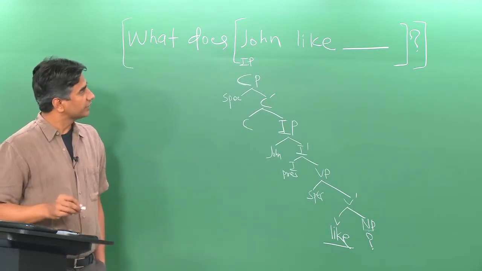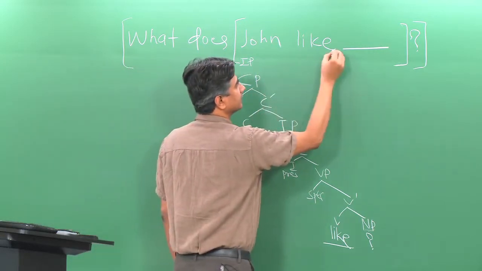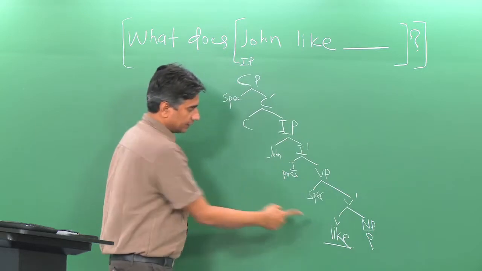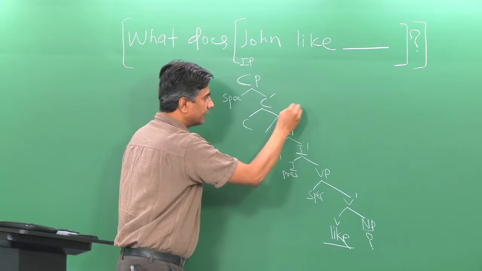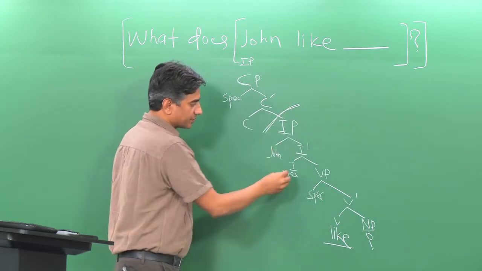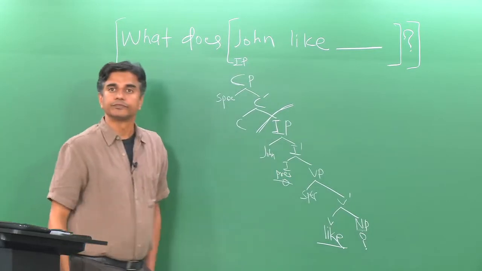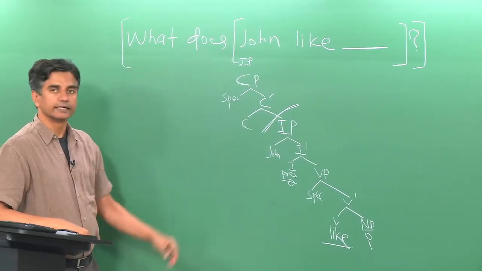As a matter of fact, it's not even John likes, it is John like. So this verb, this one, rather this IP, is also stripped out of its tense. So in the bigger sentence, what does John like?